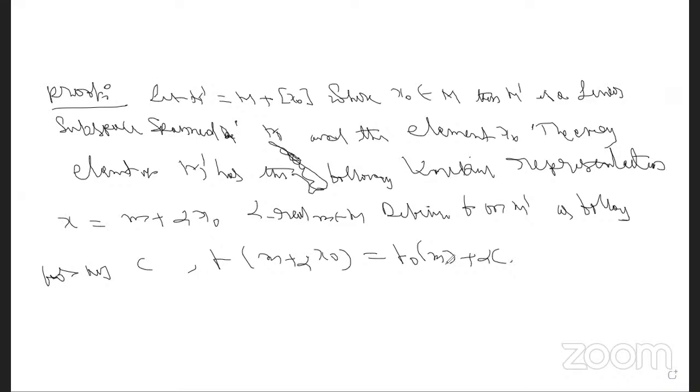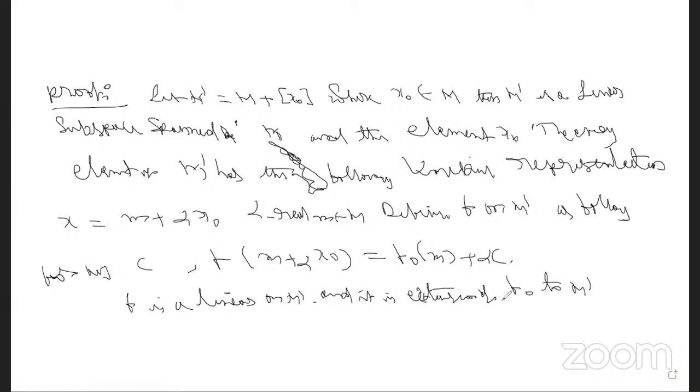Then it follows f is linear on M dash and is an extension of f naught to M dash.